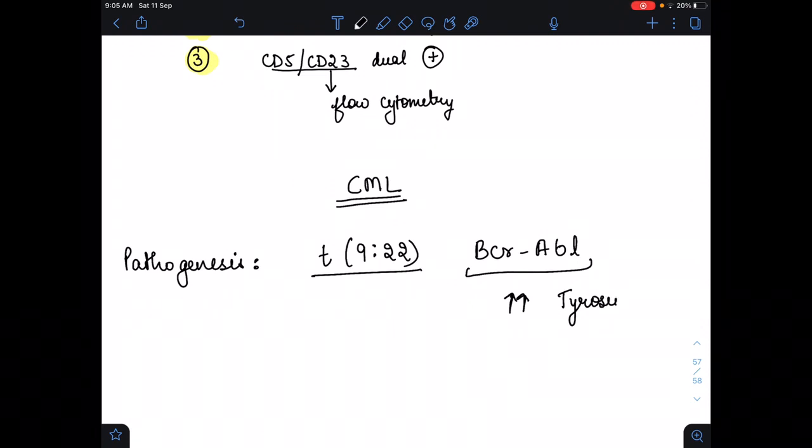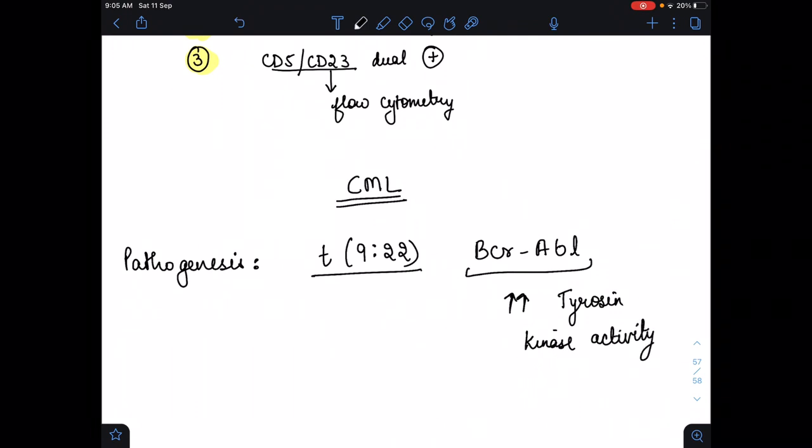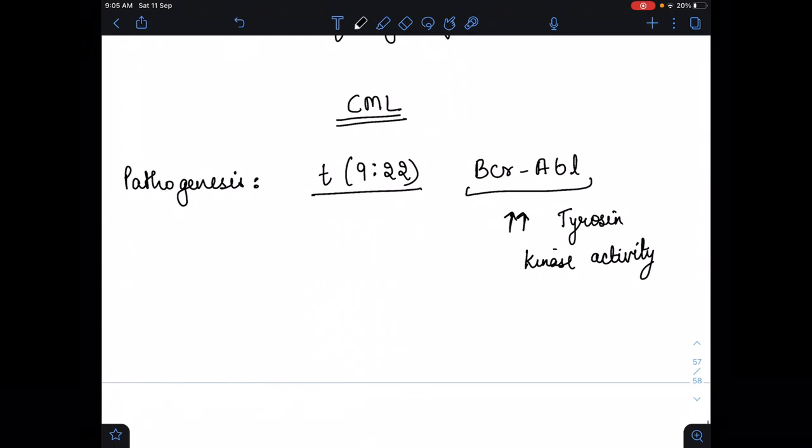So here there is increase in tyrosine kinase activity. Tyrosine kinase activity is increased in CML.